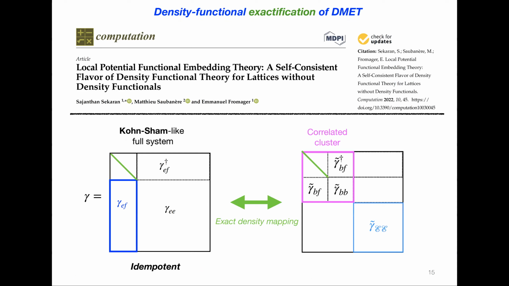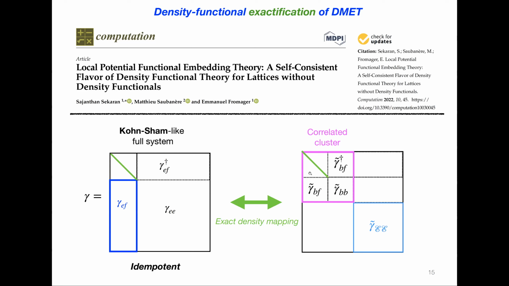Well, if you decide that you will map the densities that you get at the correlated level inside your cluster onto the non-interacting density matrix that you get at the scale of the full system. So this density matrix now becomes a Kohn-Sham-like density matrix. So asking for a perfect mapping of density is nothing but saying you want to reproduce the same diagonal elements of the density matrix.